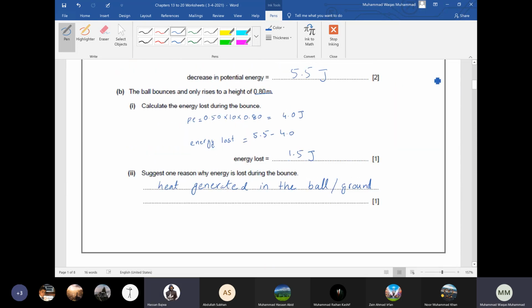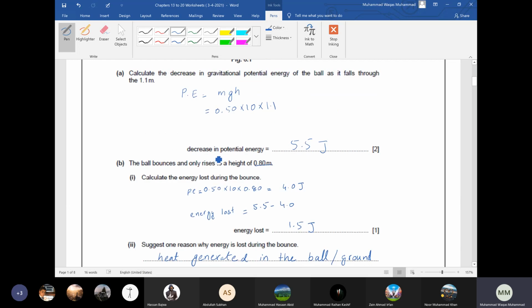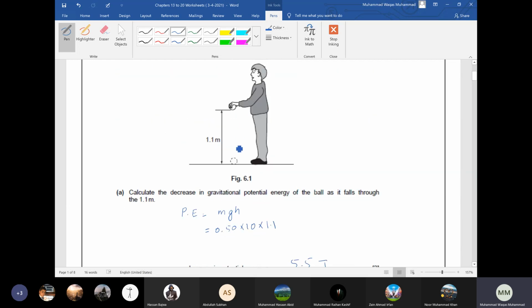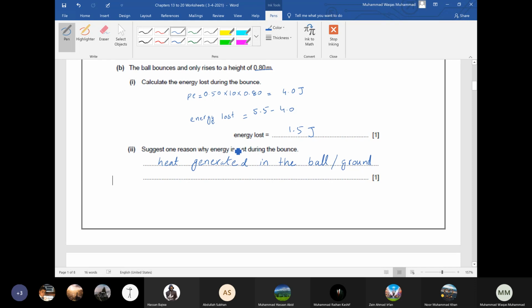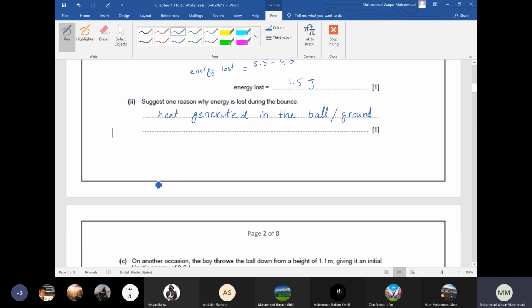Sound, it's a bounce. Usually there is not much sound, so it can be, but I think in this case sound is not very significant, because sometimes the sound is not that much, right? And in the question, the ball bounces and only rises to a height, so in this case we should tell this, right?